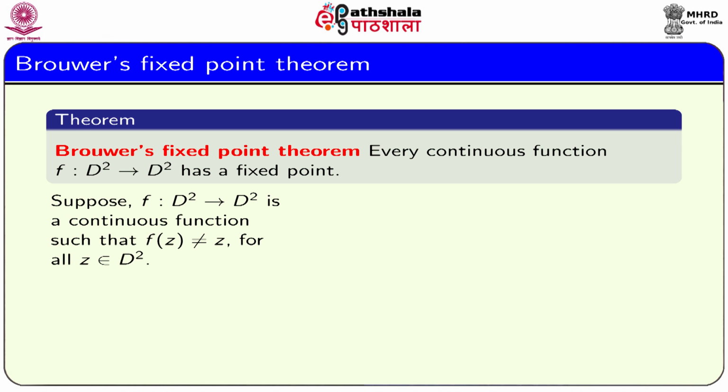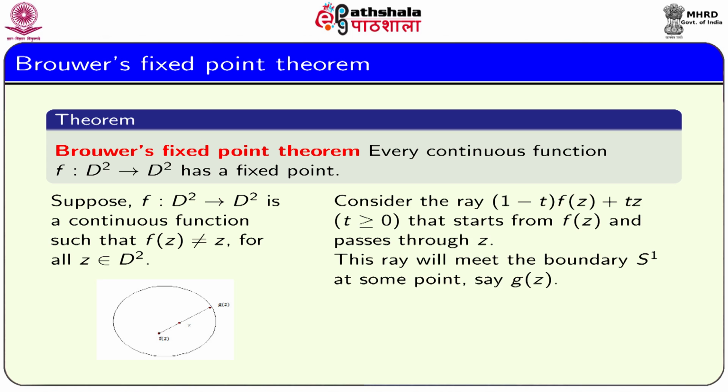So let us prove it. Suppose f is a continuous function from D2 to D2, and if possible, suppose that it has no fixed point, that is, f(z) is not equal to z for all z belonging to D2. Now consider the ray (1 minus t) f(z) plus t z whenever t is greater than or equal to 0.